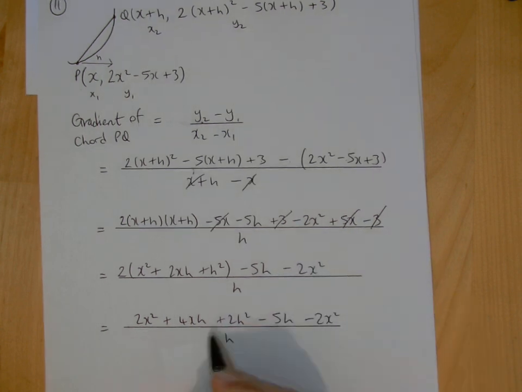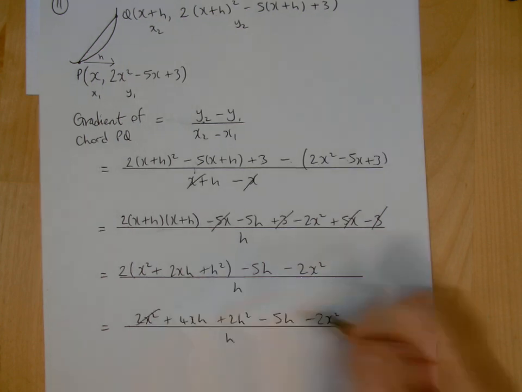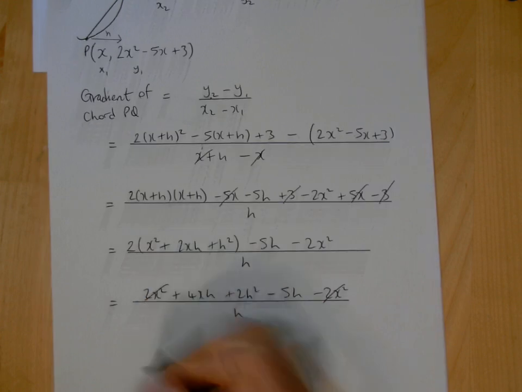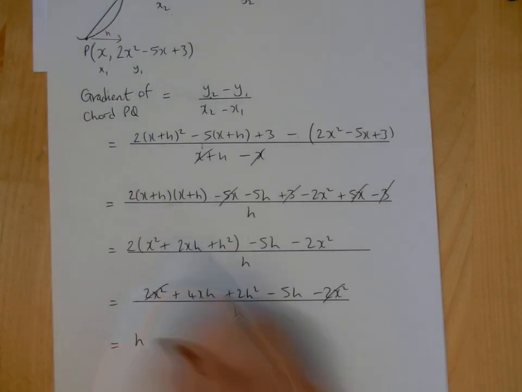And again on the top we look to see if anything cancels. 2x squared here will cancel with that minus 2x squared, and we're left with this then. And you'll notice here on the top, everything has got an h in it, isn't it, on the top? So what I can do, because everything's got an h in it, is factorize out an h bracket.